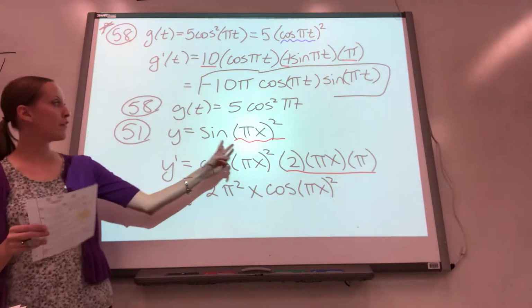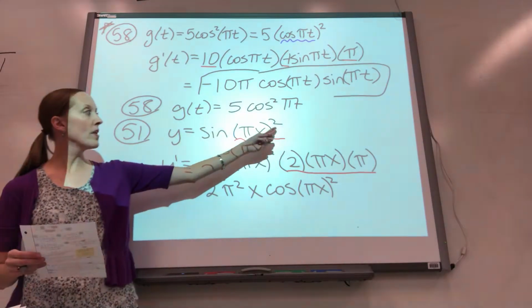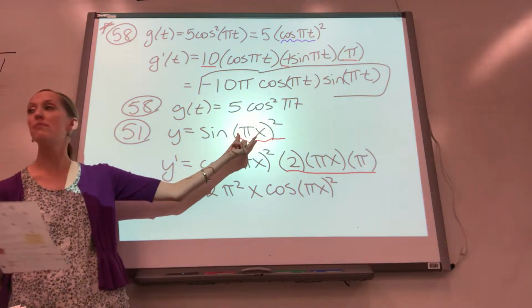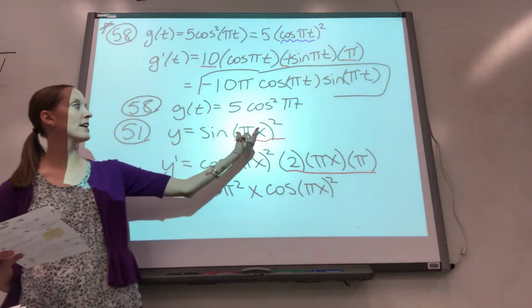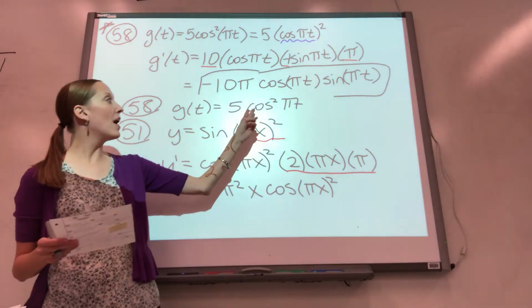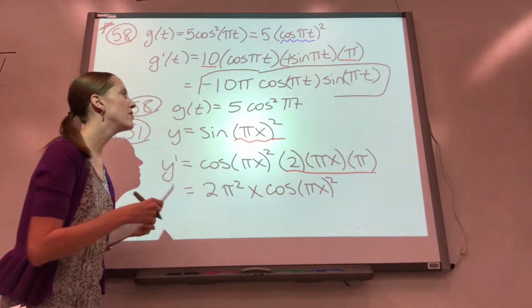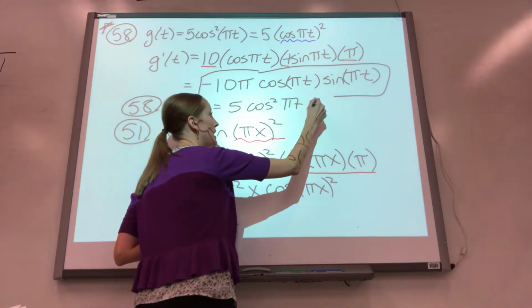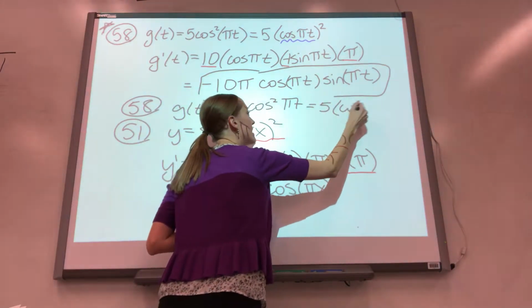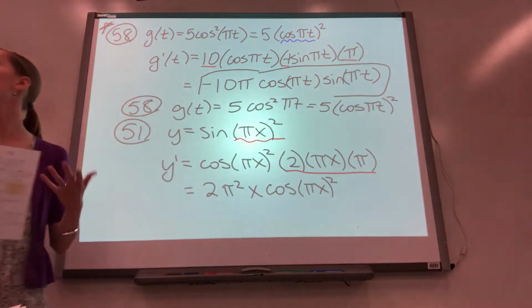Okay, this is different because with this function, the only thing being squared is the pi x. The sine is not being squared, it's just that quantity. But on this problem, because the square is right there in the middle, it's not that the pi t is being squared, it's that the entire cosine of pi t is squared.